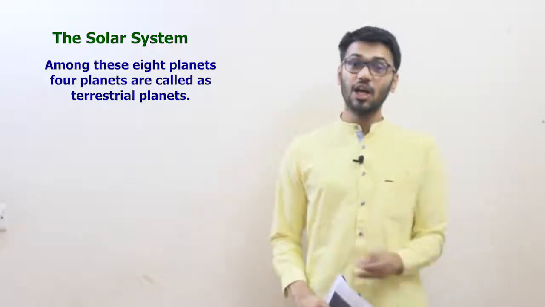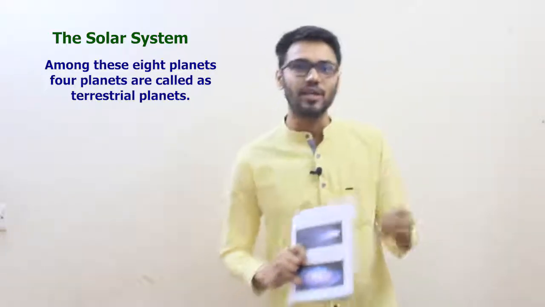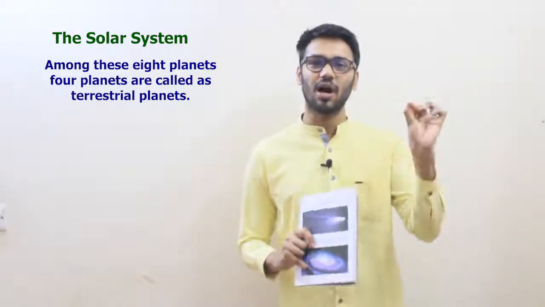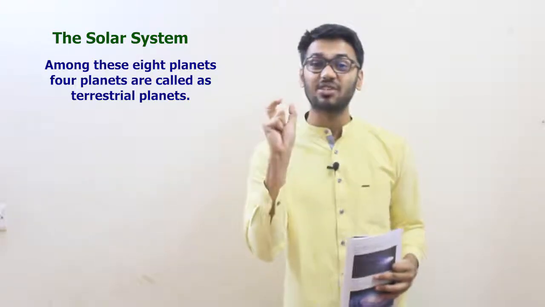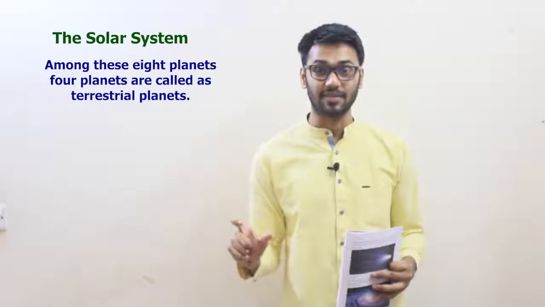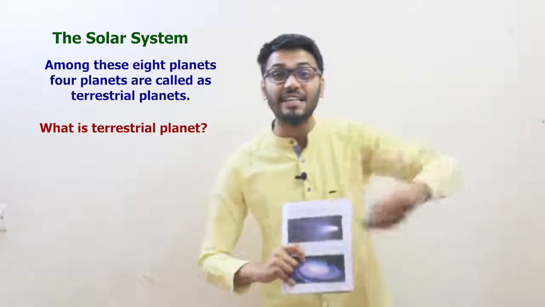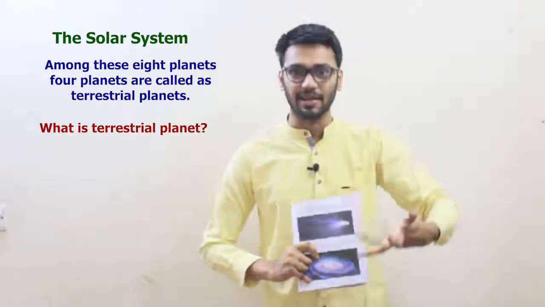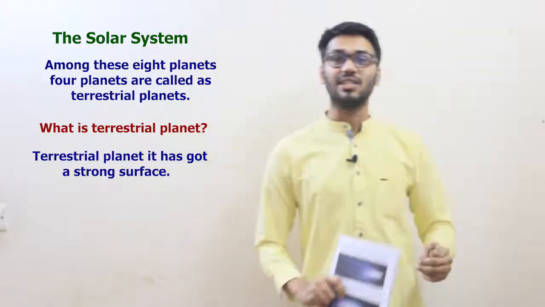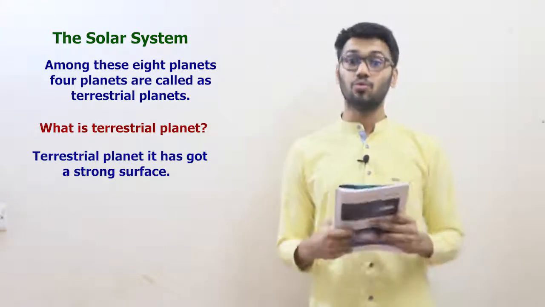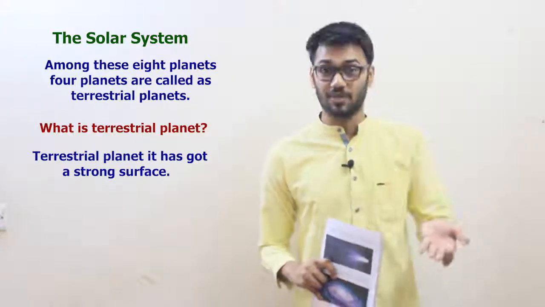Now among these 8 planets, 4 planets are called terrestrial planets. What is a terrestrial planet? A terrestrial planet has a strong surface.